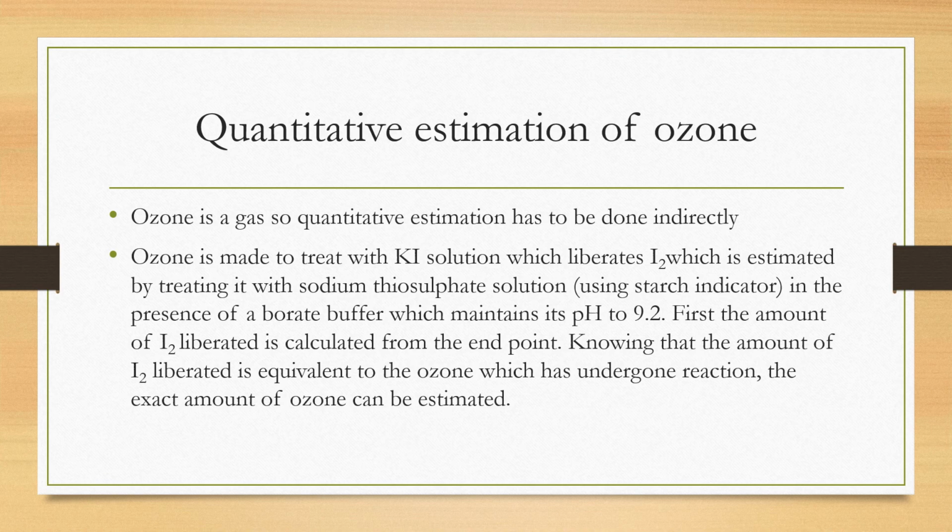First, the amount of iodine liberated is calculated from the end point of the titration. Knowing the amount of iodine liberated and equating it to the amount of ozone used up, we can find out the amount of ozone clearly.